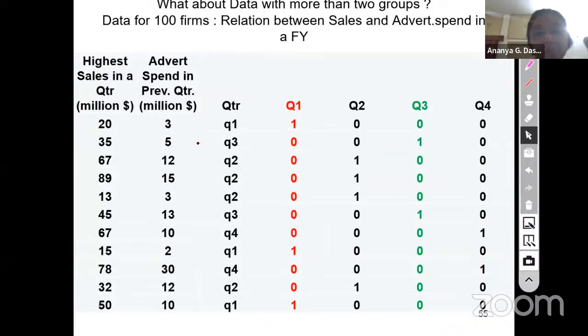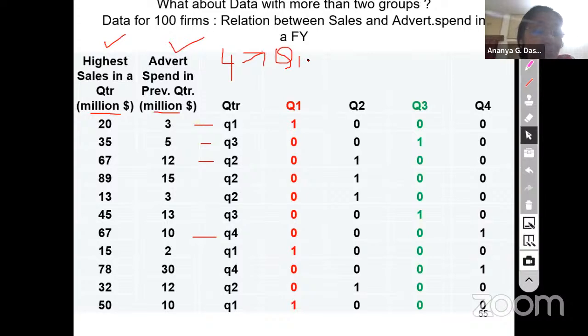But sometimes you can have a problem like this, where you have data on sales and data on advertisements, both in millions of dollars, and you have which quarter the sales took place in: quarter 1, quarter 2, quarter 3, or quarter 4. So again, a nominal variable. It just tells you in which quarter the sales occurred. So here I have 4 categories, 4 groups.